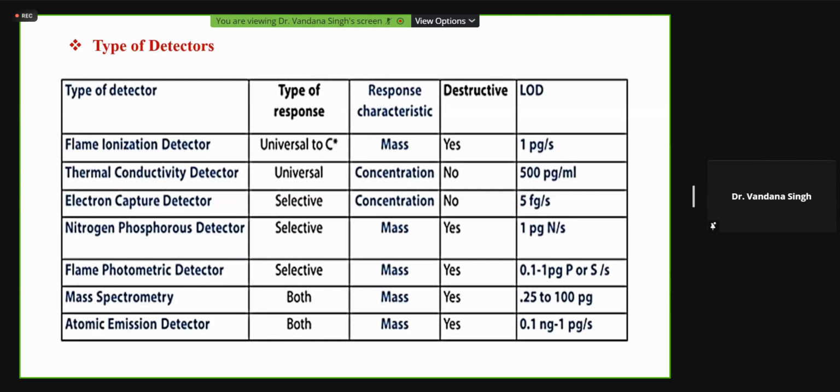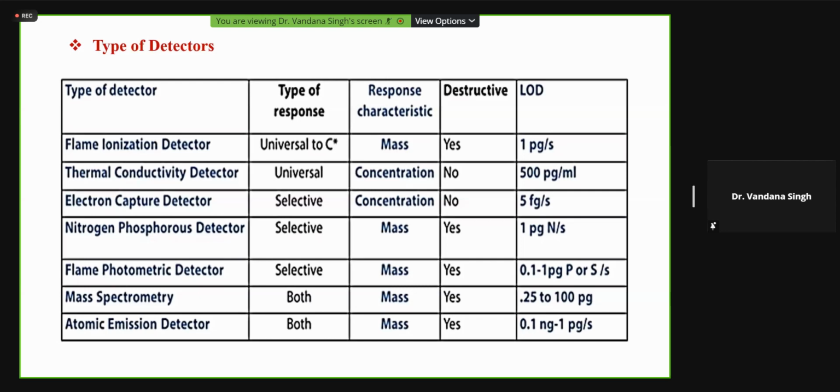Before running the GC, the column needs to be conditioned and activated. The columns generally have a liquid phase which is inert, immobile and highly thermally stable, but that's not always the case. Sometimes at higher temperature they will show some bleeding, they may show reactivity with the analyte, or they may show some kind of thermal instability.